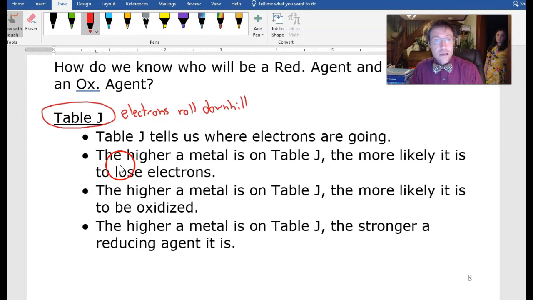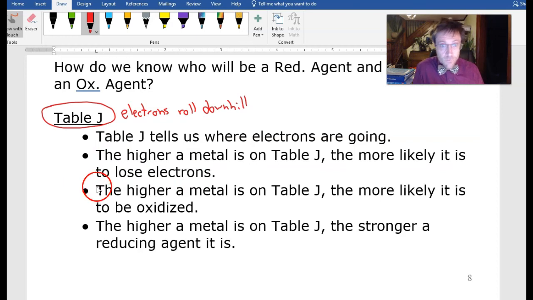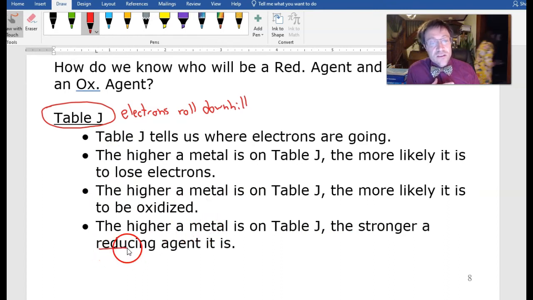The higher a metal is on table J, the more likely it is to lose electrons. Does that make sense? Great. So the higher a metal is on table J, the more likely it is to be oxidized, and therefore it's going to be a better and stronger reducing agent, right? So on table J, electrons roll downhill.